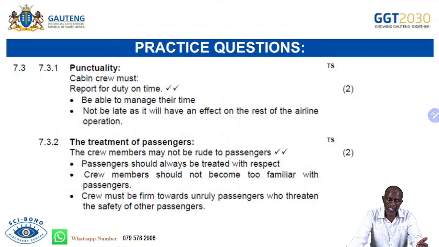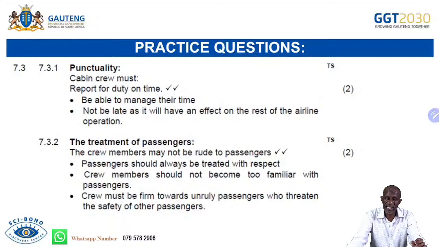With regard to punctuality, the cabin crew must report for duty on time. So you can imagine if the flight has to leave at 7 o'clock and you come 5 minutes later, you derail the whole process.